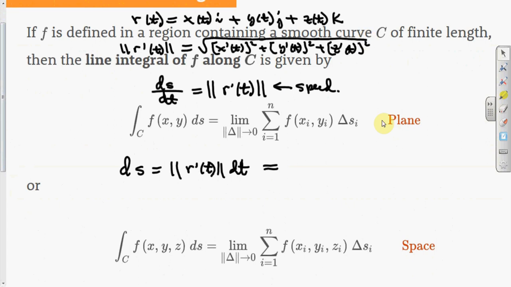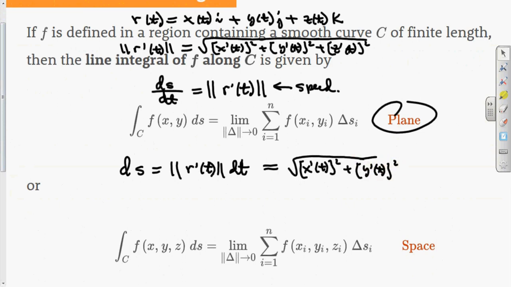Here for the plane, this ds just becomes the square root of x prime of t squared plus y prime of t squared, then times dt.